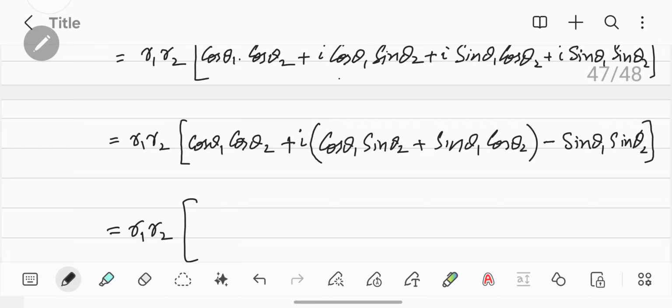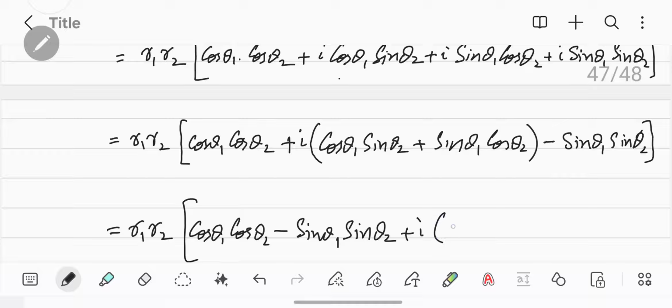So I will write these two terms first: cosine of theta 1 cosine of theta 2 minus sine of theta 1 sine of theta 2, plus i times cosine of theta 1 sine theta 2.